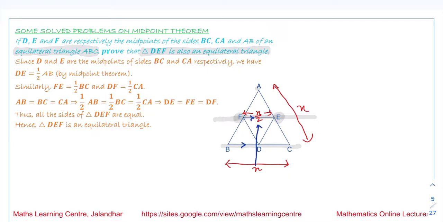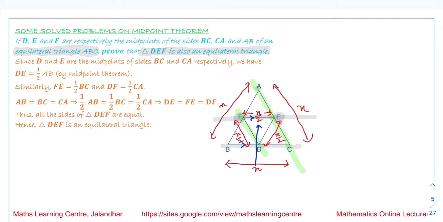Similarly, when we consider the sides AC and FD, if the length is x, then this length is x by 2. If AB length is x, then this length is x by 2.